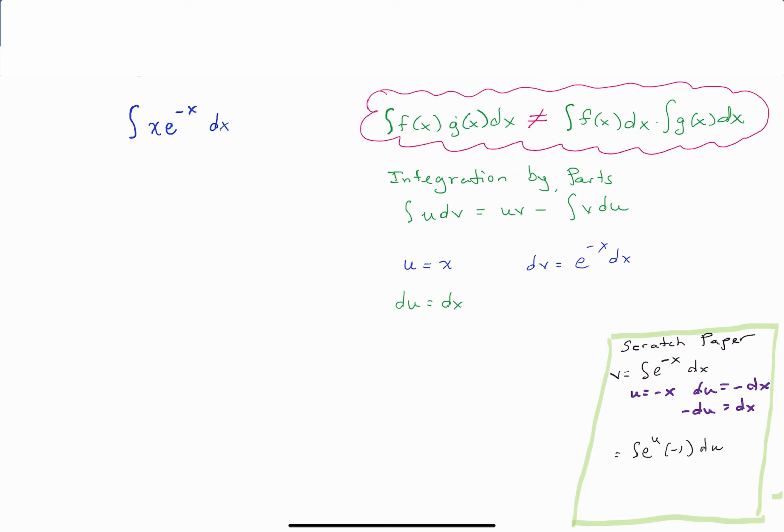So all our x's have been replaced by u's. That minus sign can come out front, and the antiderivative of e to the u du is just e to the u. And what u really was our name for minus x. So I have minus e to the minus x. That is my v.